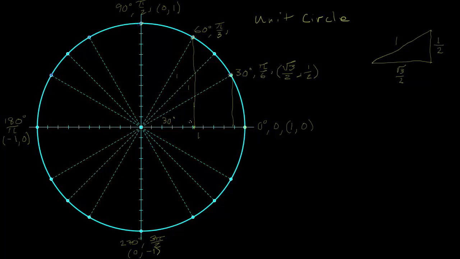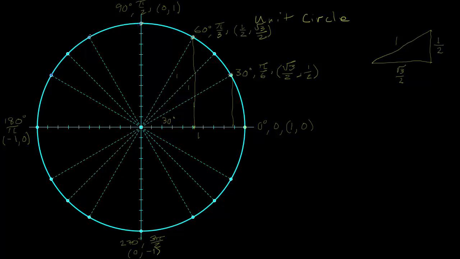So this is a half, and the height is √3 over 2. So there's 30, 60, 90.